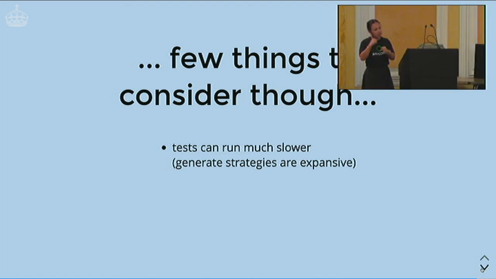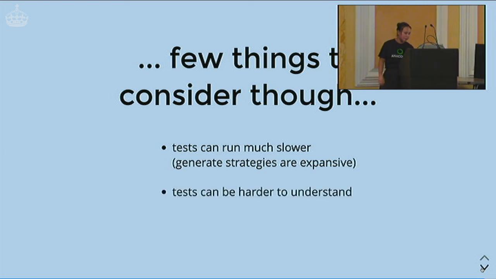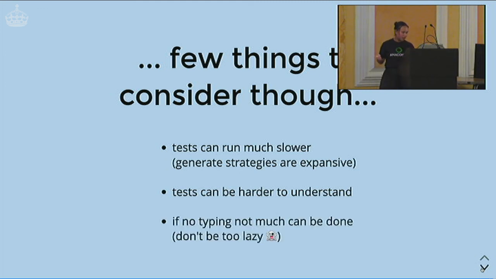So instead of you putting, let's say, 10 examples or 5 examples, Hypothesis needs to find the examples for you. So that's why it could be slower if you have very complex things. Tests can be hard to understand because instead of looking at the example, you have to digest the bug report, the thing pytest tells you is wrong. It's like which one went wrong, which example failed, so you have to digest that.